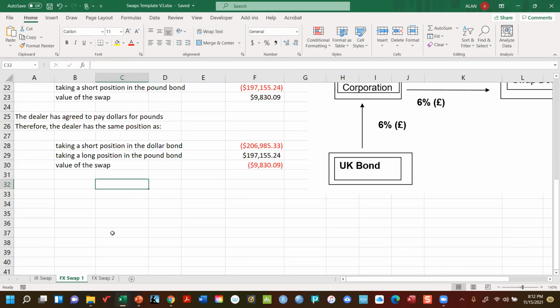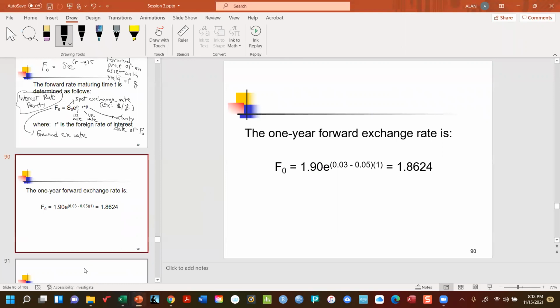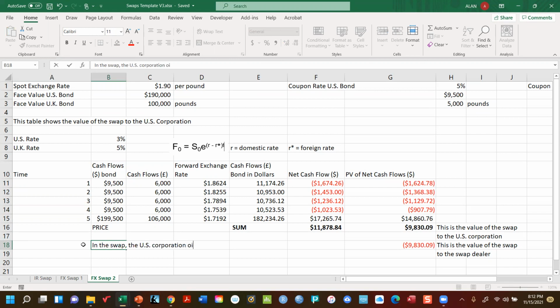And remember, we noted in the last case that the swap means the US corporation is long the dollar bond. So we'll make a note of that. And short the current pound bond.